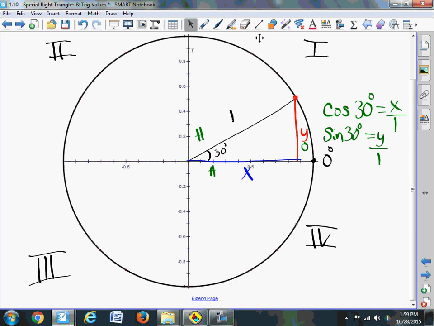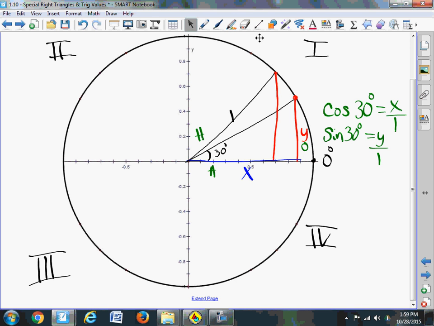All right, if I continued and I went to the next point, this would be a 45-degree angle. And I wanted to find, again, the x and the y. To find that side, for y, it would still be the sine, but it would be sine of 45 degrees. And then for x, it would also be cosine.